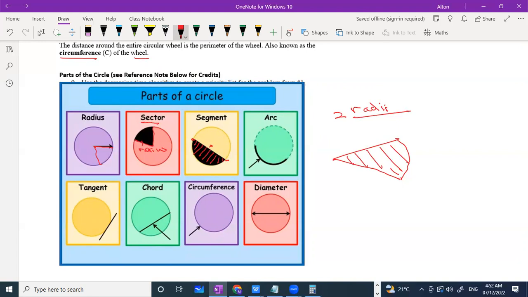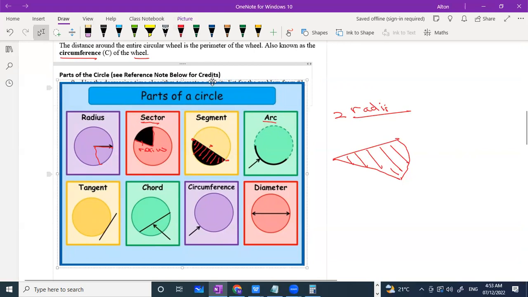And this is my favorite part, the arc. We met that term just now. That is just part of the circumference of the circle. That is called your arc. Notice that you must be able to distinguish between what is known as your minor arc and your major arc.